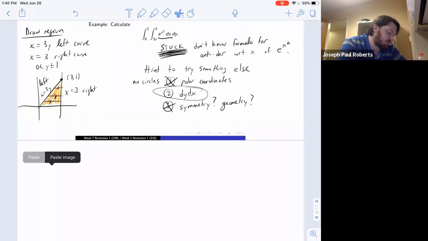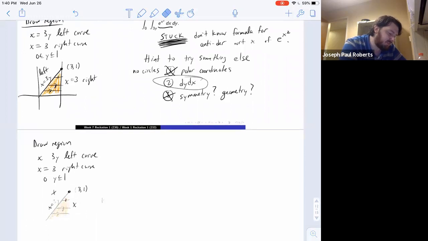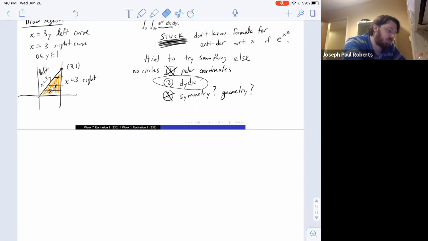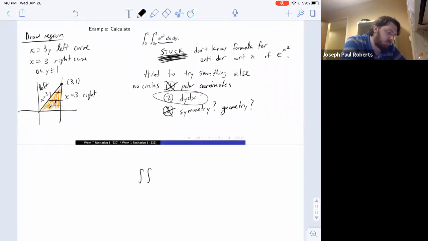Now let's try to do it. I'll just start over because I have to erase a lot of stuff. Now we're going to try to set it up dy dx. I haven't really explained why we're tempted to do this. Well, we're tempted to do this because we're completely stuck.